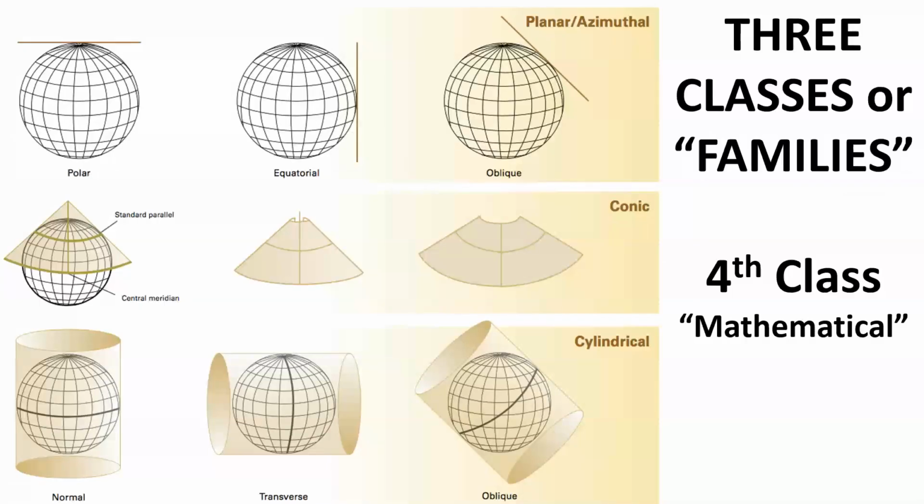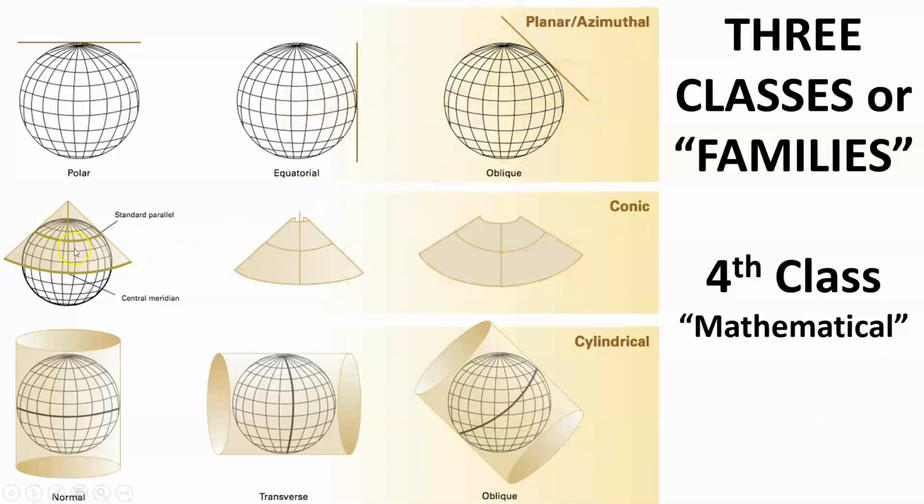So these are the types of distortions that can happen going from 3D to 2D. In order to get around these issues, we have come up with 4 classes or families of projections. The first 3 are the most common. There are planar or azimuthal projections, where we pretend we have a flat piece of paper and we project from the center of the world onto that flat surface.